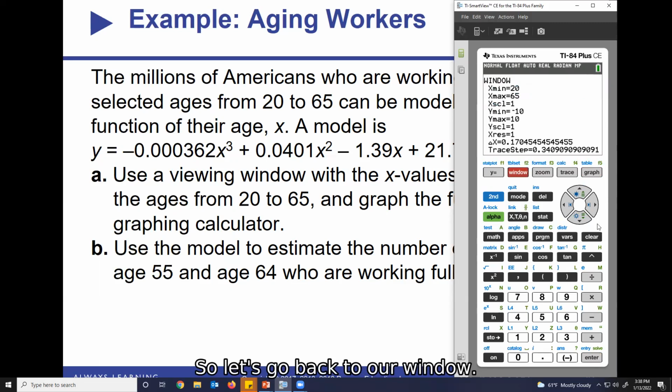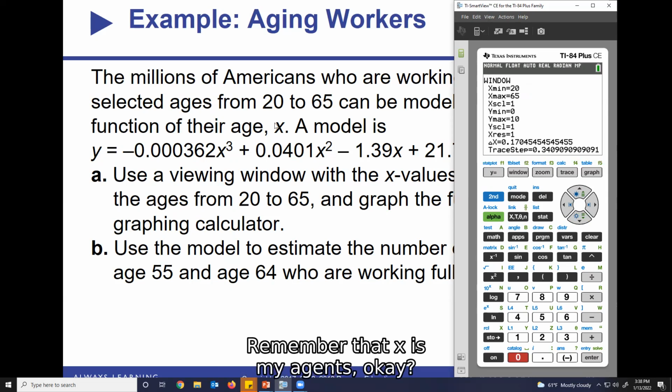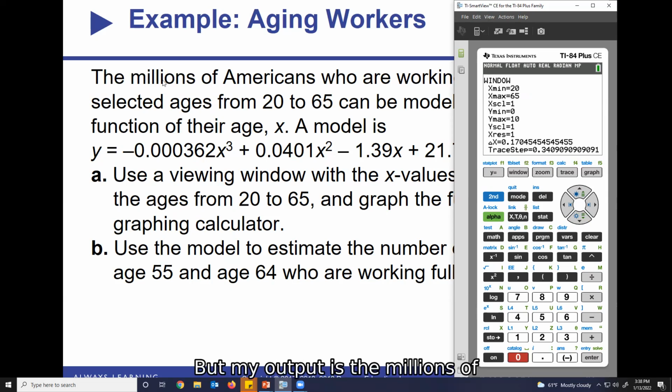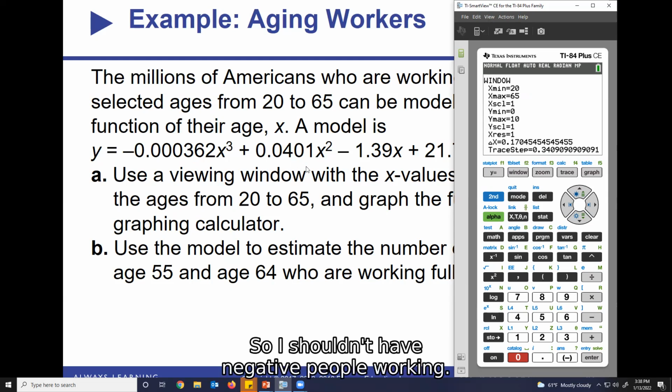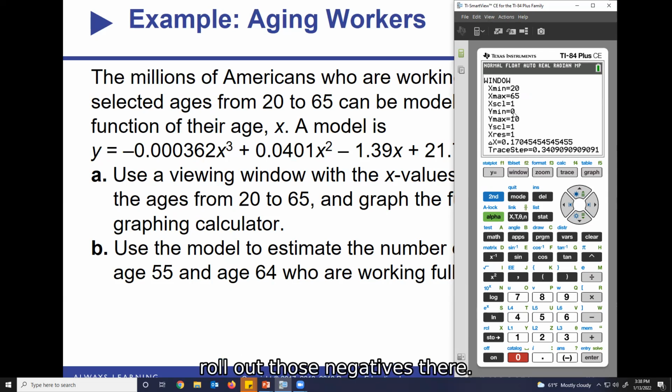So let's go back to our window, and for my Y min, let's just put it at 0. Now let's think about this. Remember that X is my ages, but my output is the millions of Americans who are working between those ages. So I shouldn't have negative people working. That makes sense why I'm going to rule out those negatives.